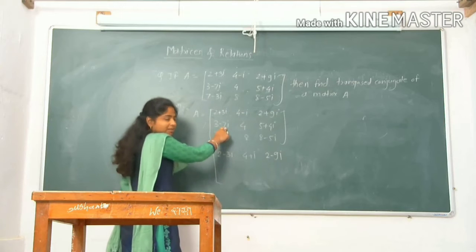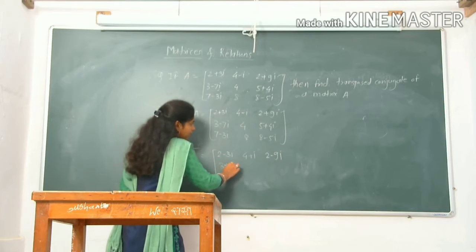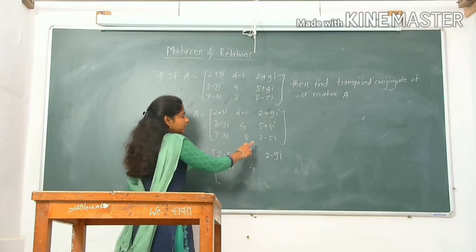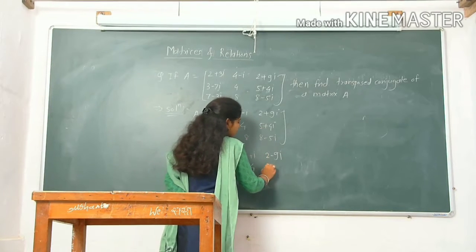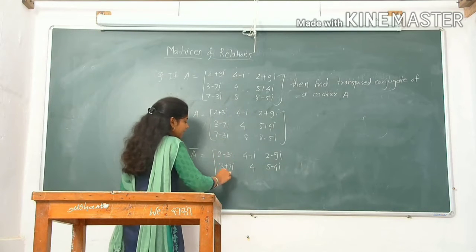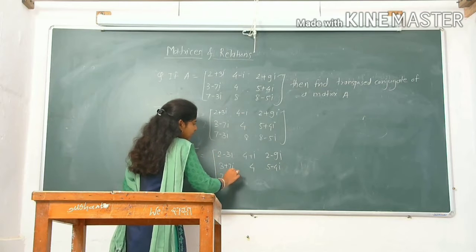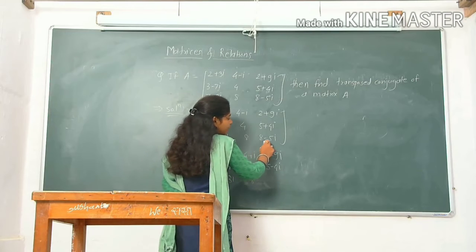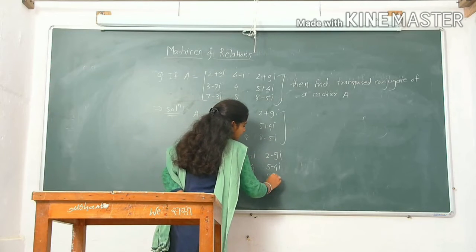Conjugate of 3 minus 7i is 3 plus 7i. Conjugate of 4 is 4, since 4 is a real number. Conjugate of 5 plus 4i is 5 minus 4i. Conjugate of 7 minus 3i is 7 plus 3i. Conjugate of 8 is 8, since 8 is a real number. And the conjugate of 8 minus 5i is 8 plus 5i.